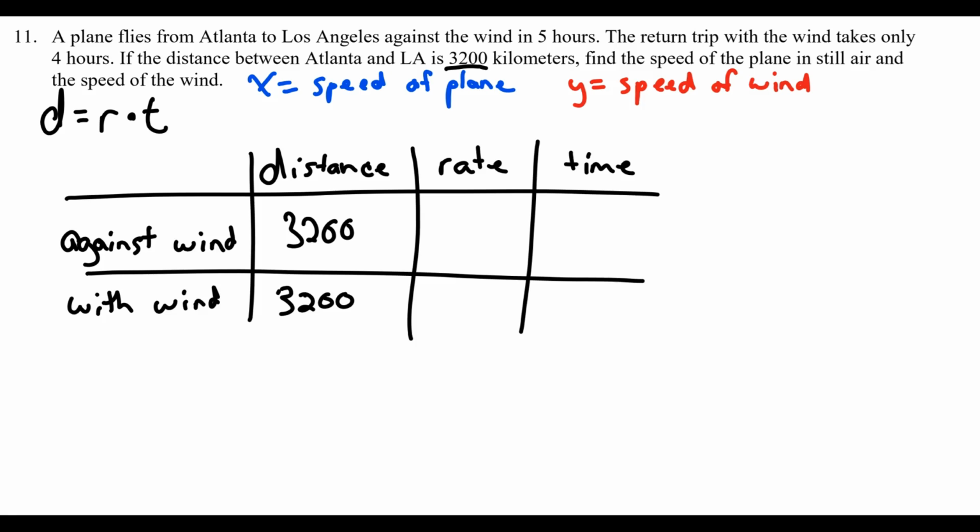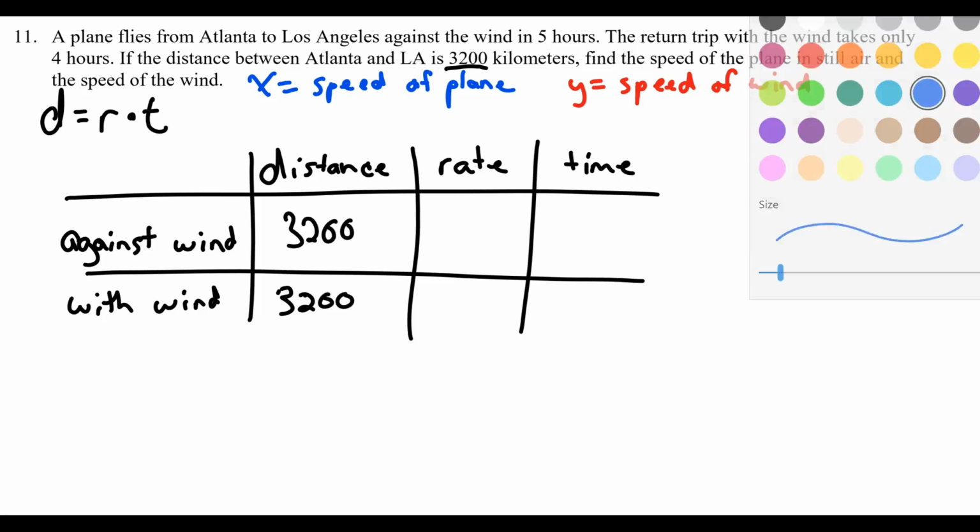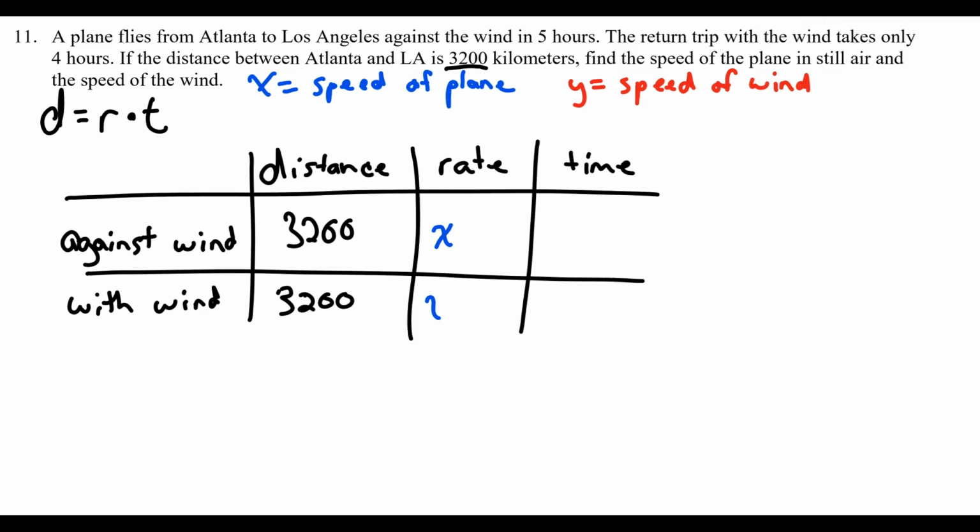The rate, well, we're going to start off with the plane's speed, okay? And we have to, plane speed, not the speed of the wind. So let's go back, and it's the plane speed that we're going to look at.